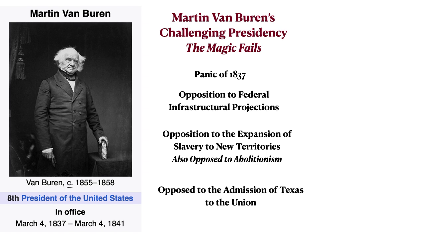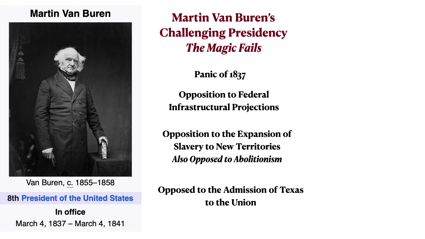As I had mentioned in that previous lecture, Van Buren was sometimes called a little magician for his success in crafting a strong political party for the Democratic Party in the state of New York. And as I also mentioned, he was crucial to the formation of the Democratic Party at a national level with Andrew Jackson. But in his presidency, whatever magic he had failed.